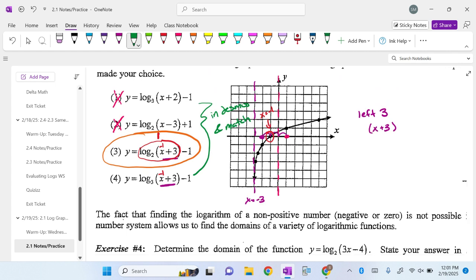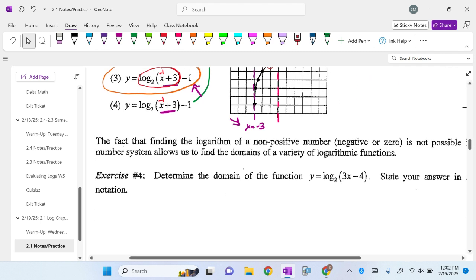Now look at the function that gave it to us. Where do you think that x equals -3 comes from? Look at this function here and look at the vertical asymptote. What part of that function do you think could give me the x equals -3? The x plus 3. How do you think I got it?